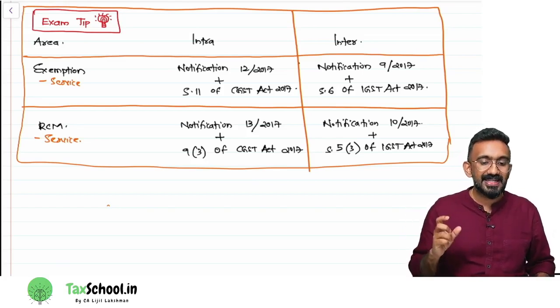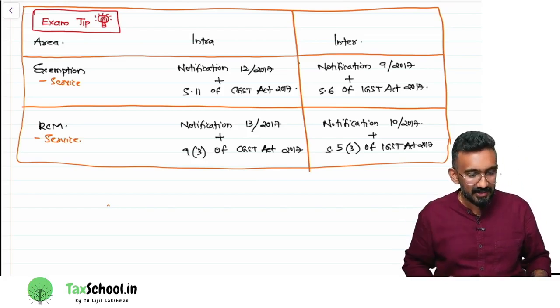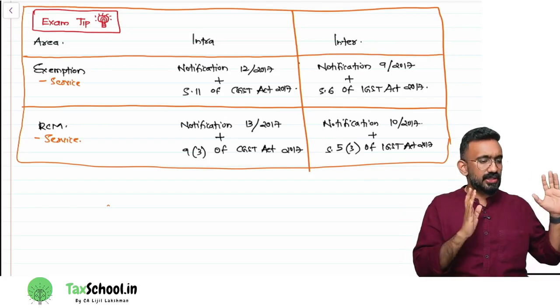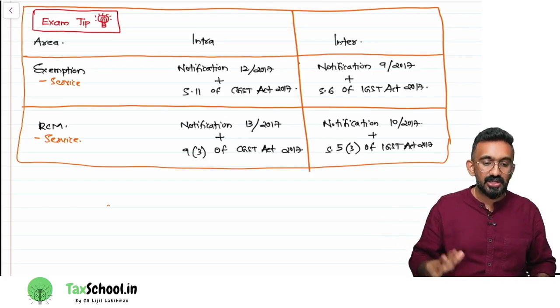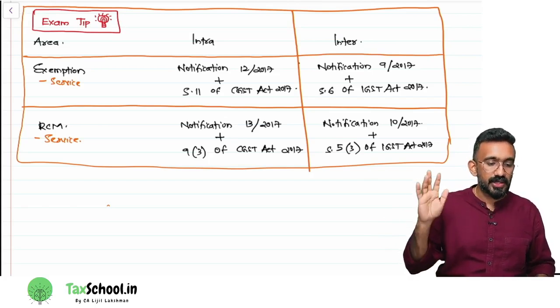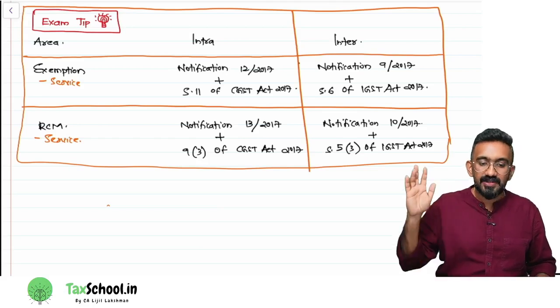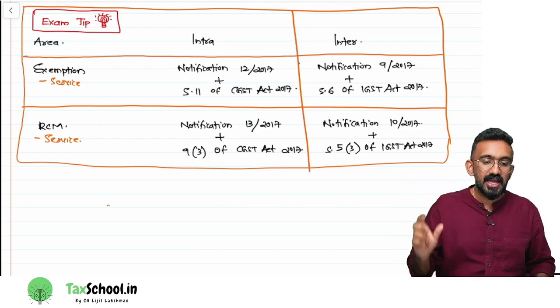And if you're looking at interstate supply, which is IGST Act, and you're looking at exemption, see, exemption in intrastate and interstate is the same. But when you write the answer in the examination, if it is intrastate, you will write notification 12/2017 read with section 11 of CGST Act. If it is interstate supply, you will write notification 9/2017 read with section 6 of IGST Act.